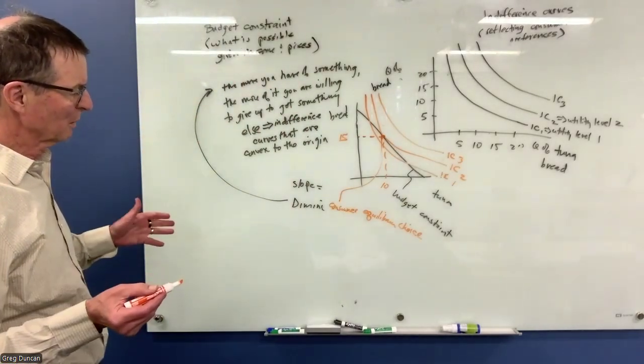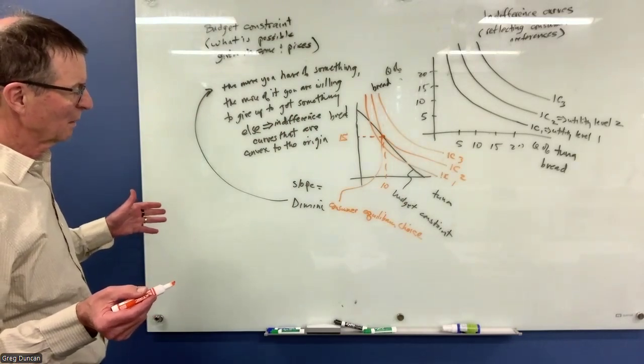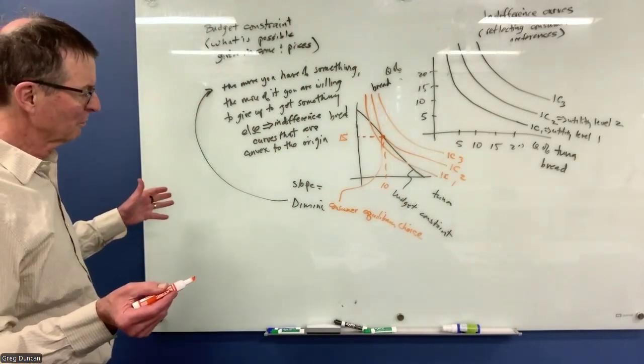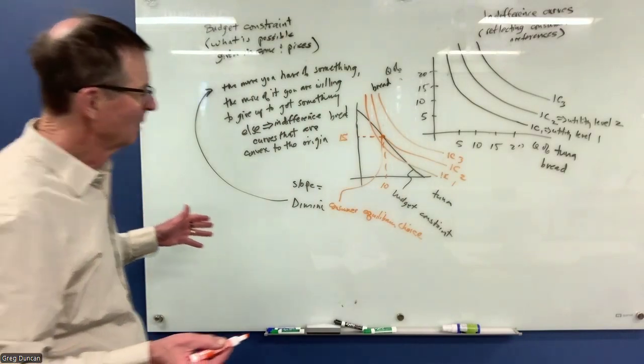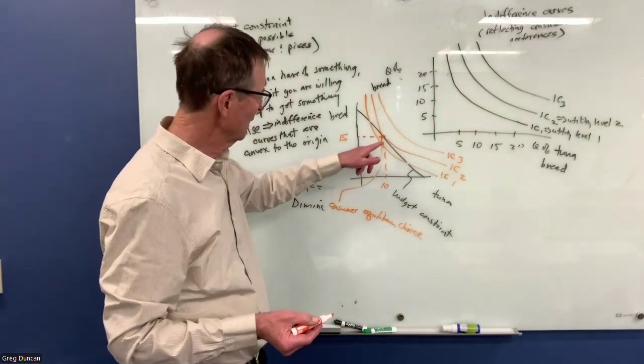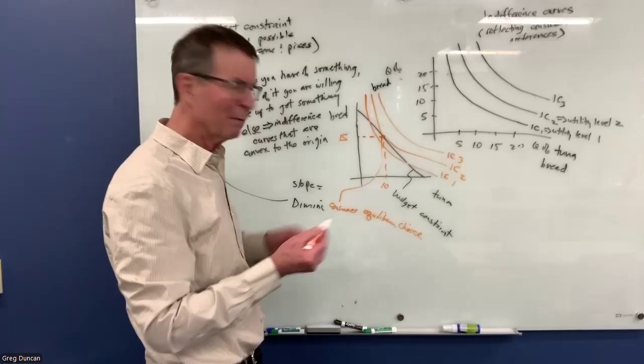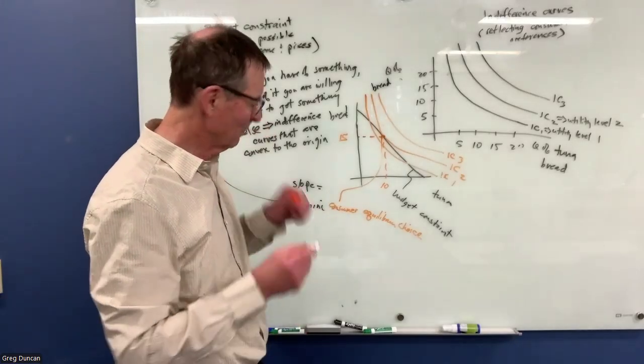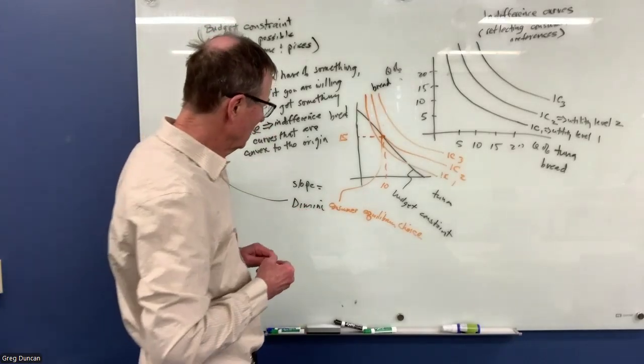There's no reason for a consumer to move from this 10-15 combination because they can't get to a better level of satisfaction. You can't get to a higher indifference curve.